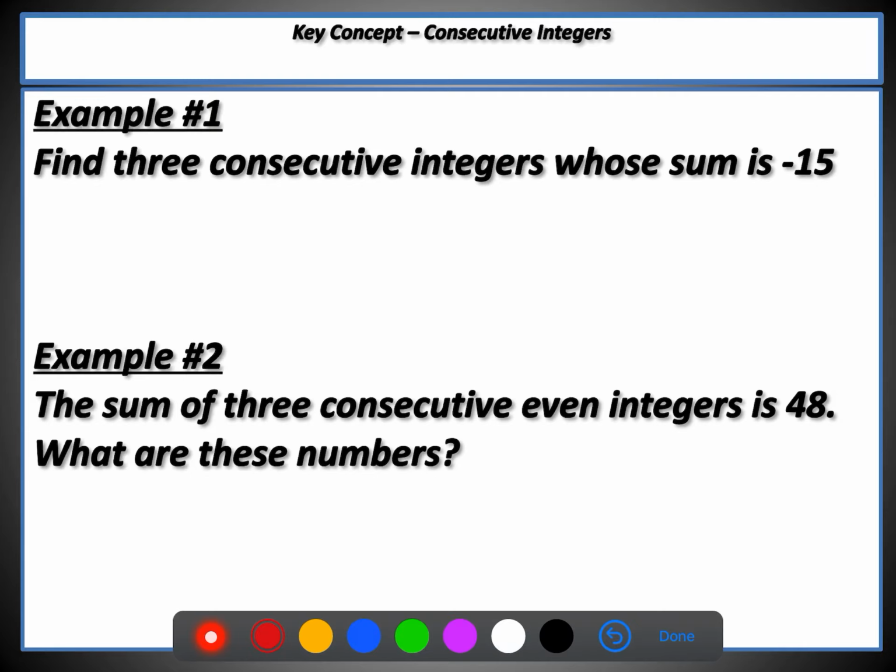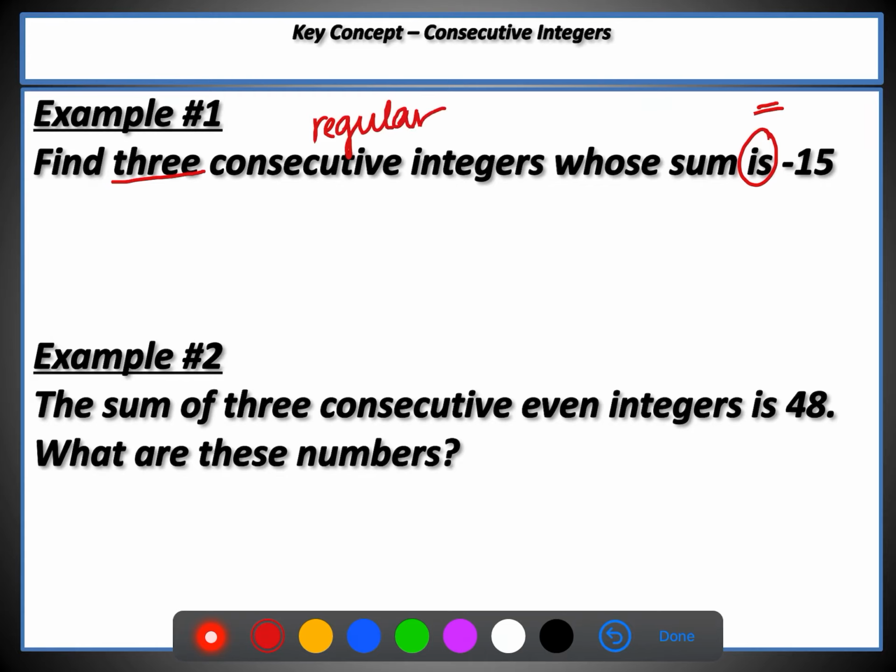We want to find 3 consecutive integers whose sum is -15. "Is" tells me that this is going to be equals and that we're dealing with an equation here. So find 3 consecutive integers. That means regular; they're not specifying even or odd.